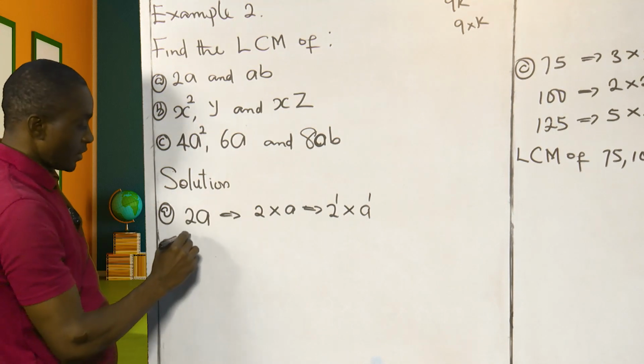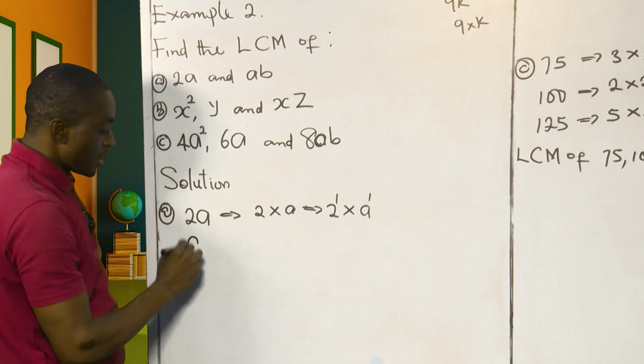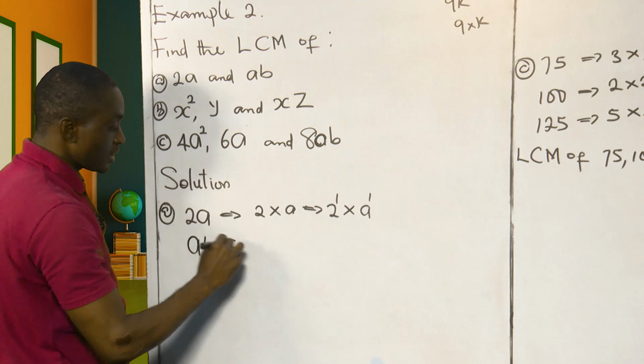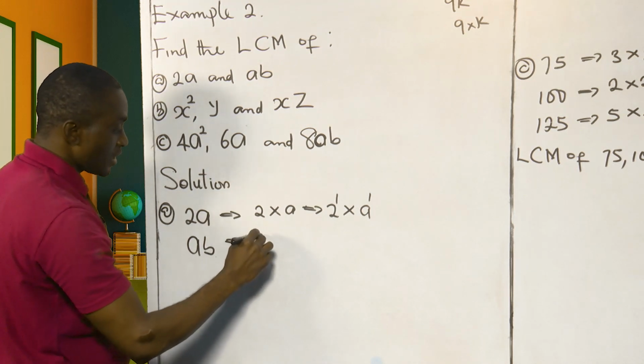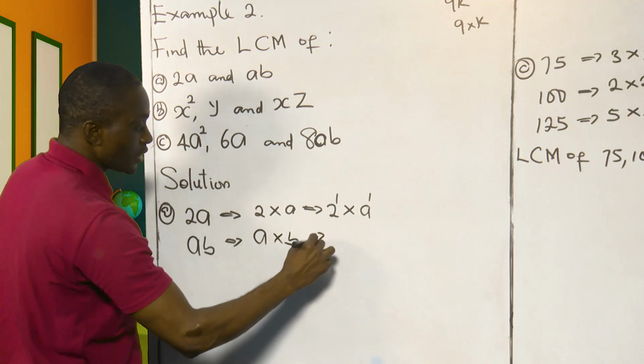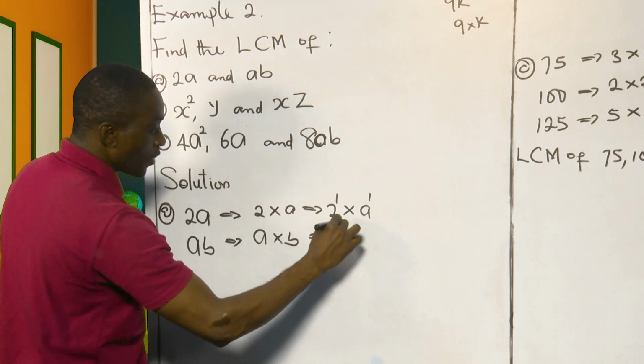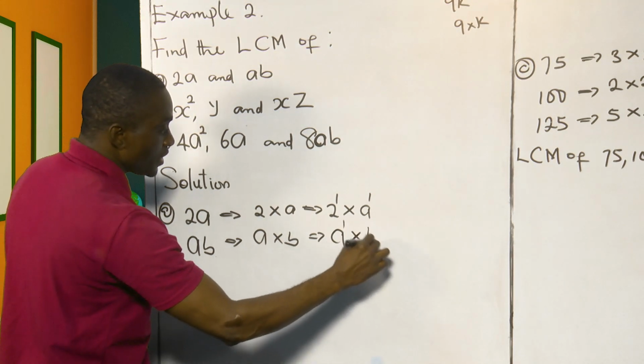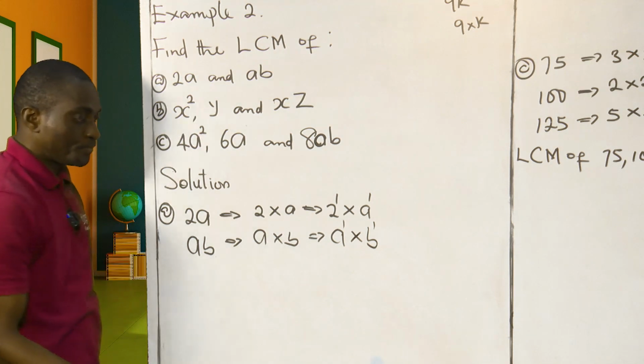AB, we have AB. This is A multiplied by B, to mean A raised to power 1 multiplied by B raised to power 1.